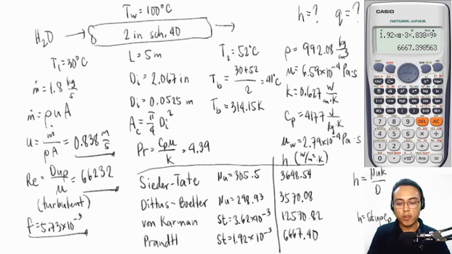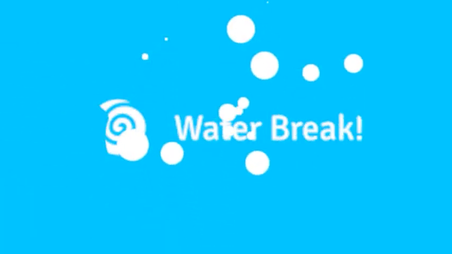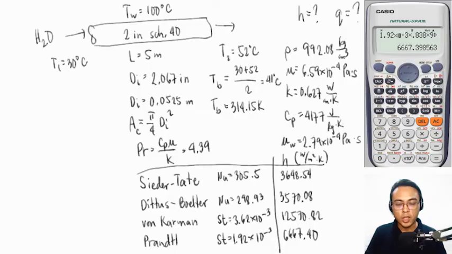Now, we can check our values using the overall heat equation. If you will remember, our convection equation is Q is equal to HA times delta T. The delta T in our equation, or the driving force, would be the temperature of the wall, T sub W, minus the bulk temperature of the water.